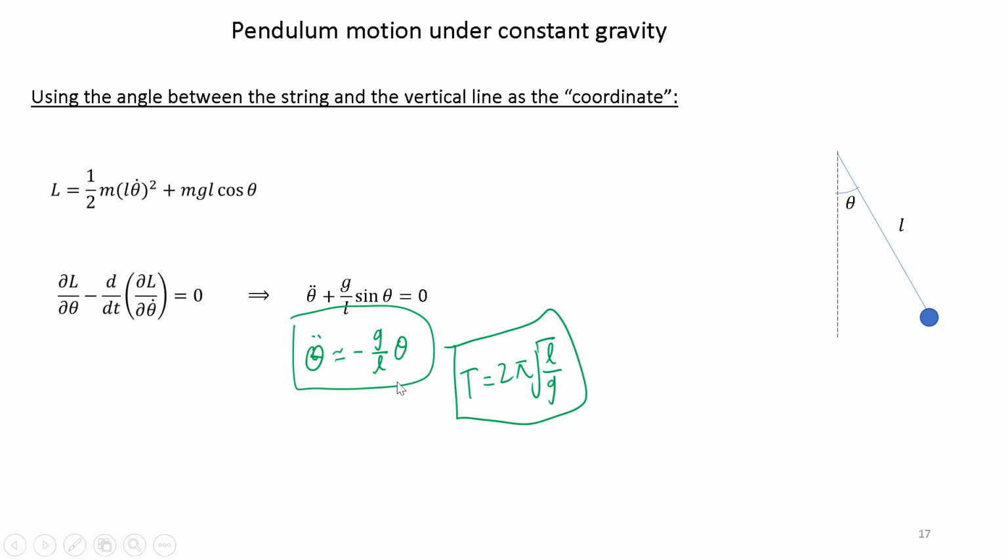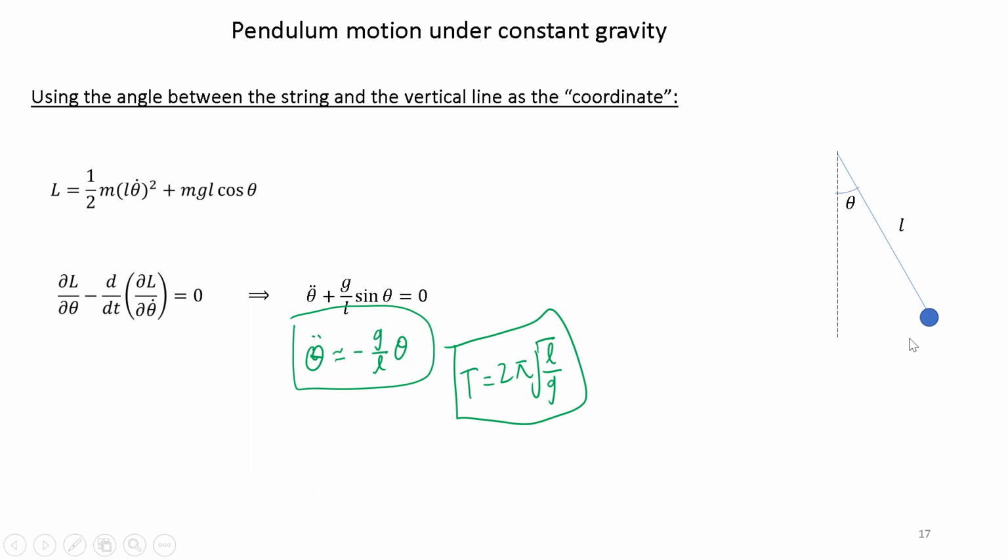However, you have to remember that this equation is just approximate. You have already made the small angle approximation to get to this. So that means within the small angle range, the period is independent of the angular amplitude.